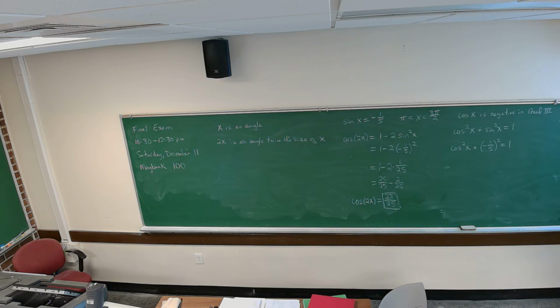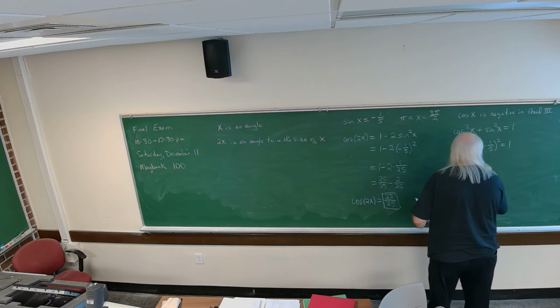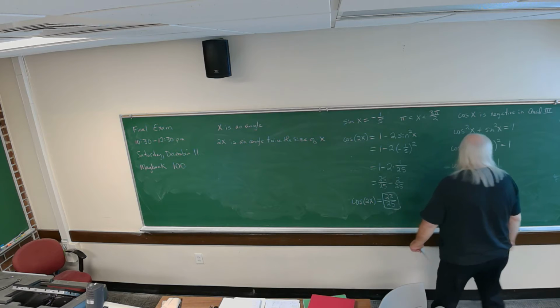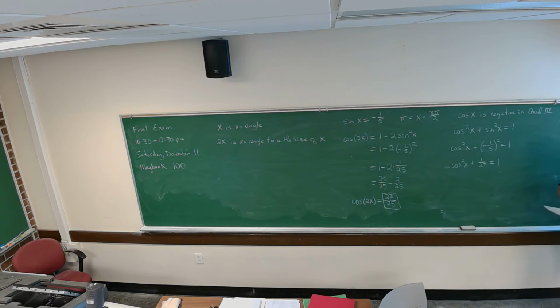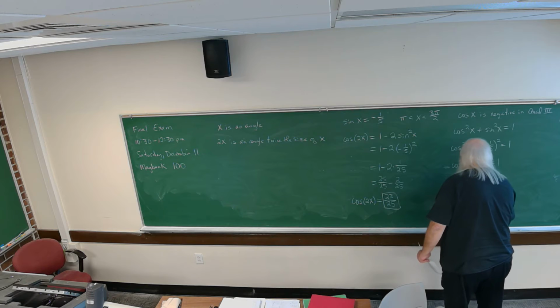And so I substitute minus 1/5 in for sine of x, and now we just got to solve for cosine x. Minus 1/5 squared is 1/25. And then when I subtract 1/25 from both sides, I get cosine of x squared is equal to 24/25.